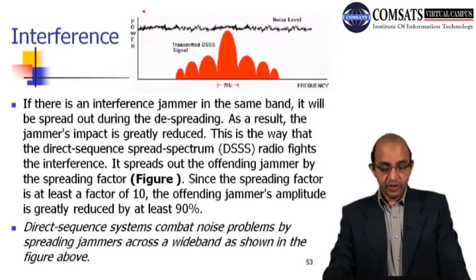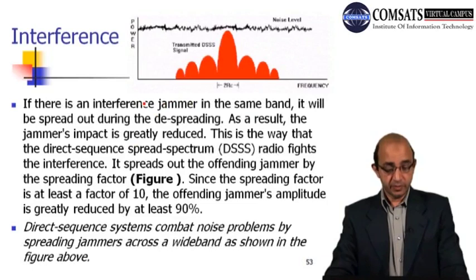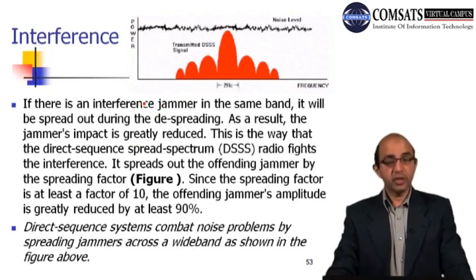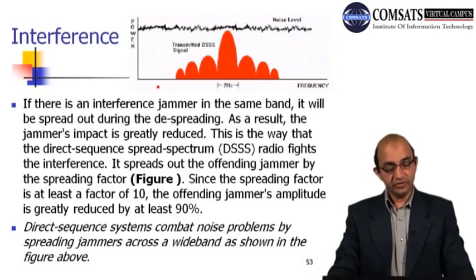We have shown actually the reason why spread spectrum technology is more immune to interference. You can see that if there is an interference jammer in the same band, it will be spread out during the despreading process.